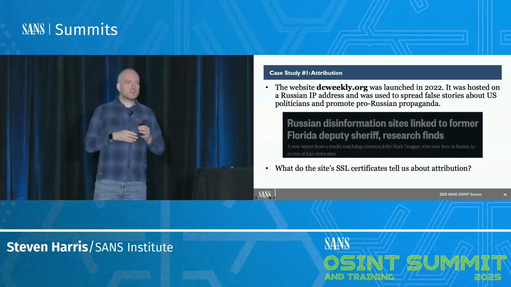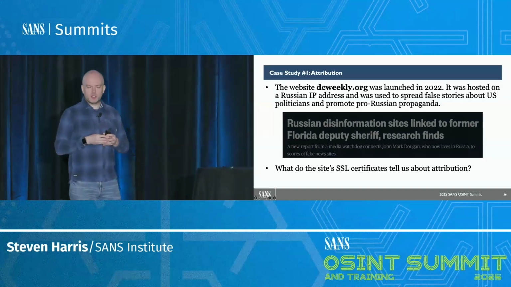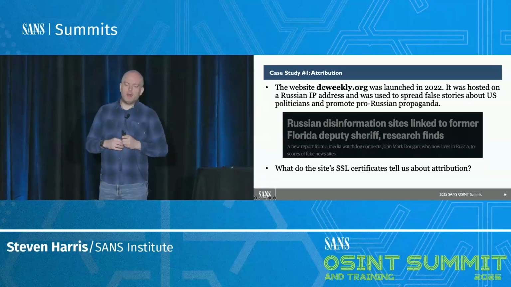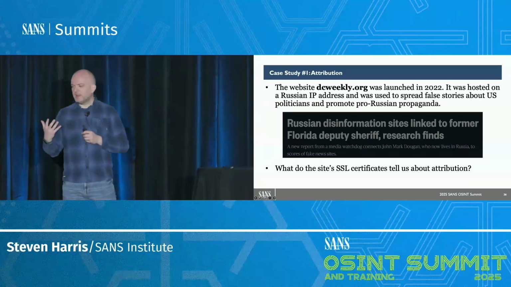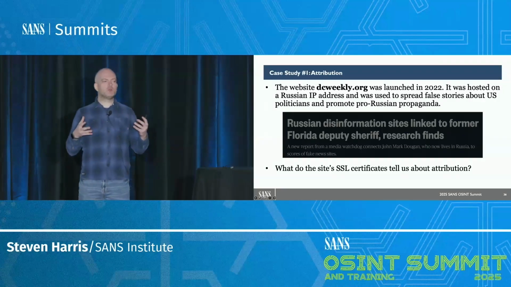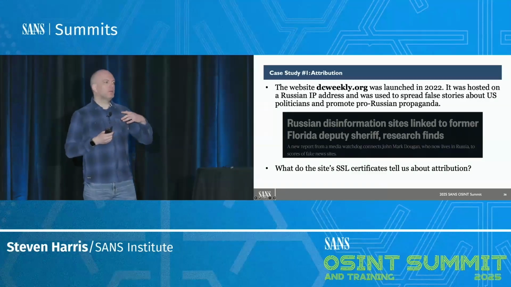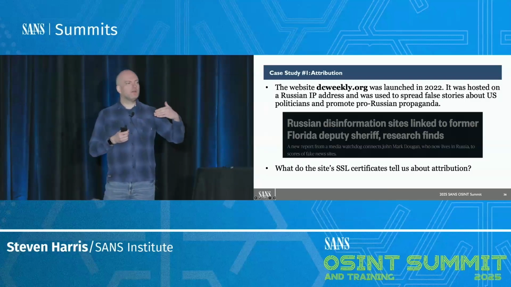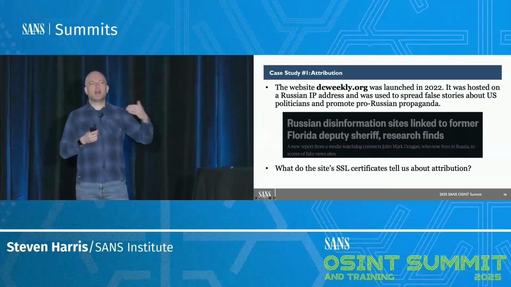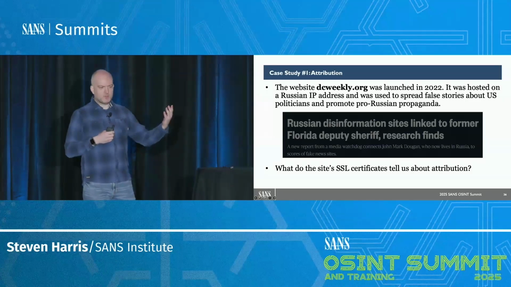So the first example is a website which came online late in 2022. It's since gone offline. It was called dcweekly.org. And it claimed to be a newspaper website based here in Washington, D.C. And it published lots of news that was very pro-Russian, very critical of the United States, and it was used to leak sensational stories about US politicians.